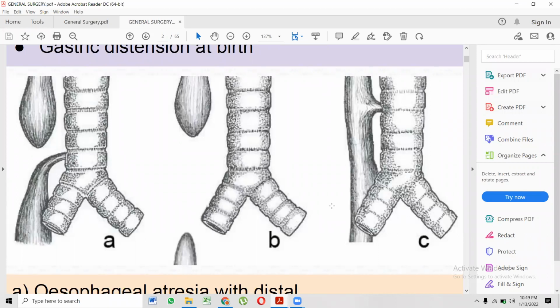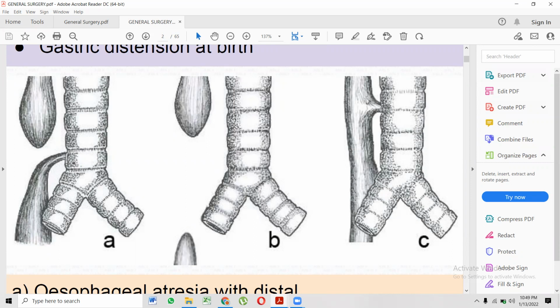As you all know, a fistula is an abnormal communication between two cavities. In the first diagram, you can see that the proximal esophagus is ending blindly, and the distal esophagus has a communication with the trachea. In diagram B, you can see this is the proximal esophagus and this is the distal esophagus, without any fistula or communication with the trachea. And in the third diagram, you can see the tracheoesophageal fistula is H-shaped.